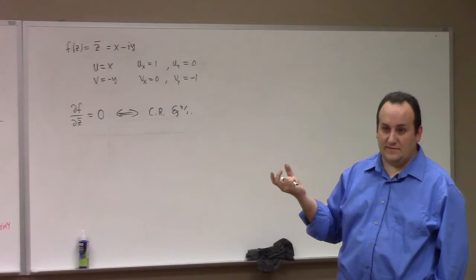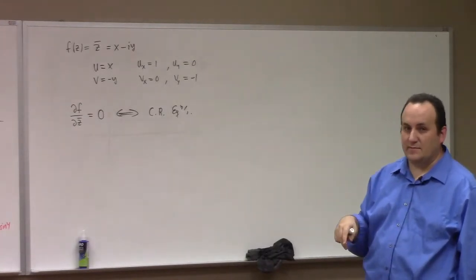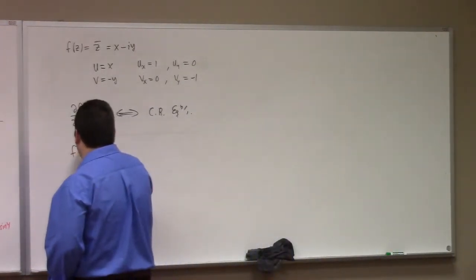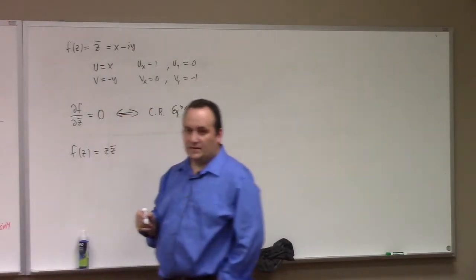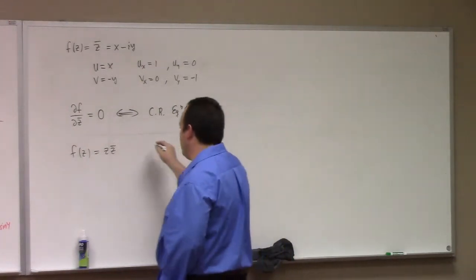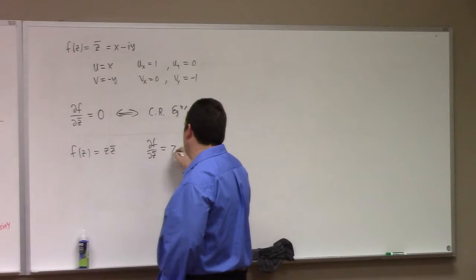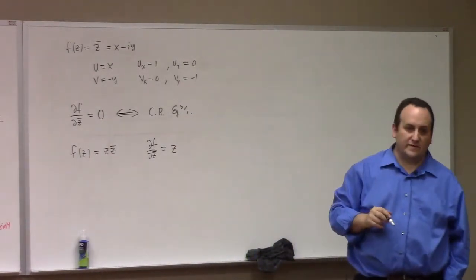Generically, if your complex function has a z bar in the formula for it, it's not going to be complex differentiable. For example, I can tell you just from looking at this that this is not complex differentiable. And I can also tell you that partial f partial z bar is actually equal to z. So there's one point, and only one point, where that's complex differentiable.